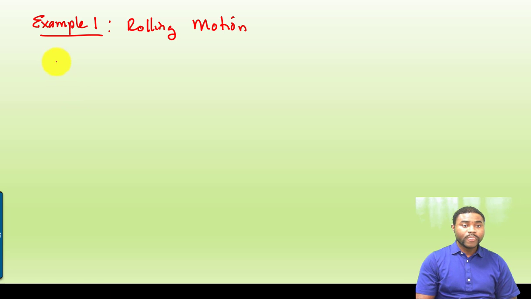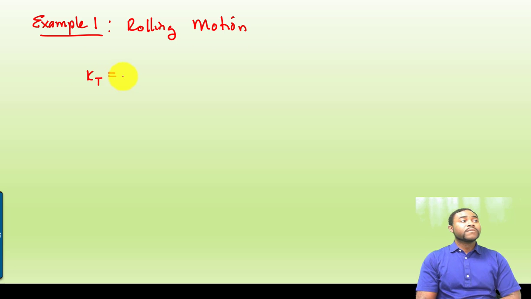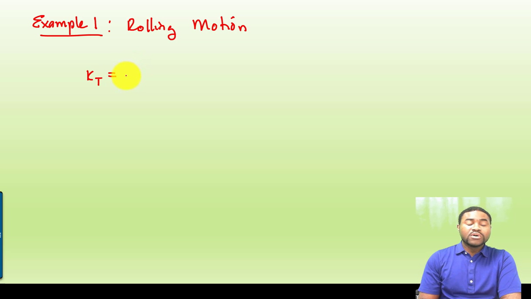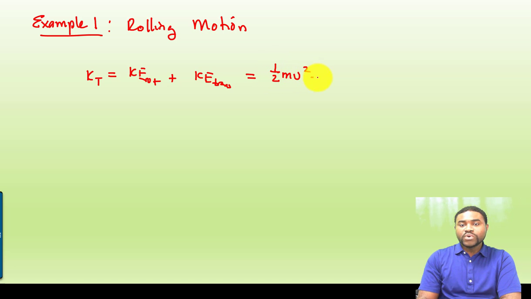Now, keep in mind that as long as an object rolls, the total energy of the object is given by KE rotational plus KE translational, which will be equal to half mv squared plus half I omega squared.